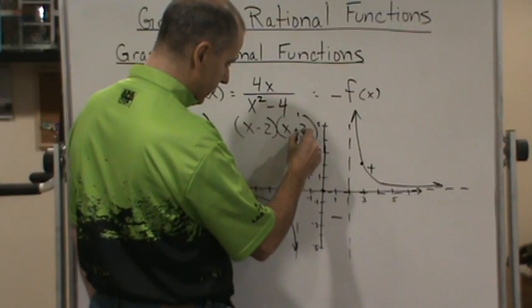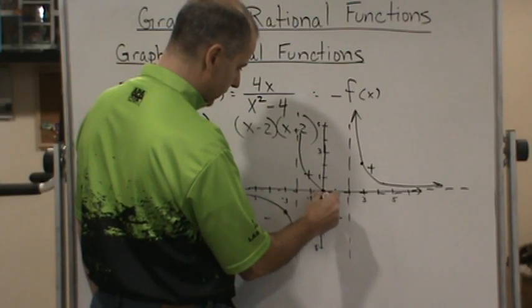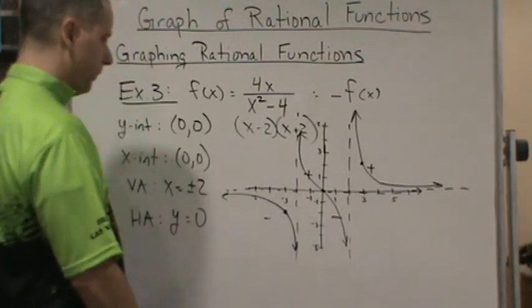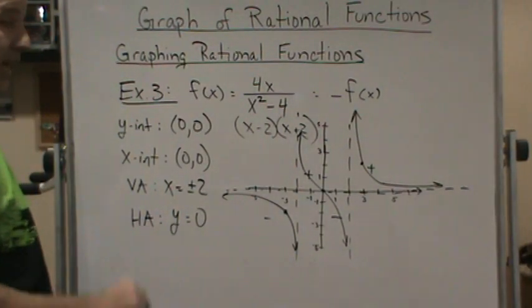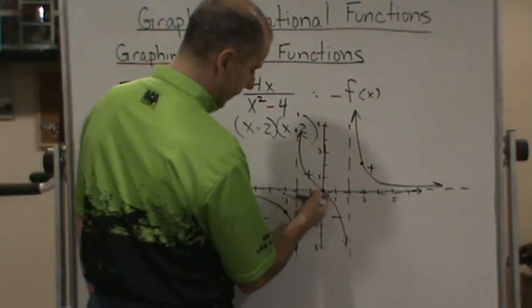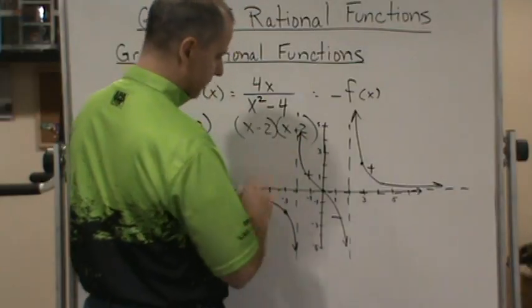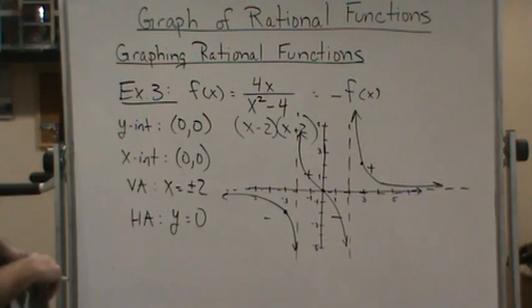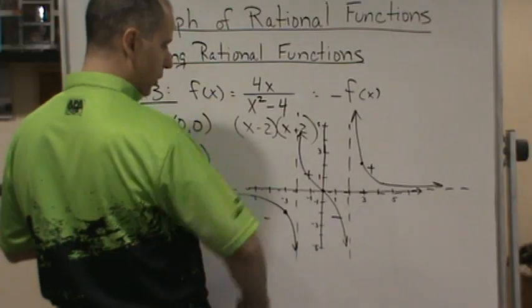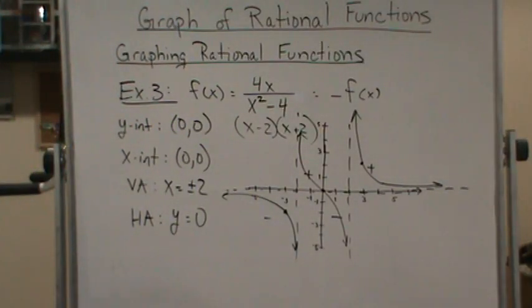So it's probably going to do something like this if I was going to guess, because it's symmetric about the origin. So it probably does something like this, because it's an odd function. So if you rotate this 180 degrees, you get the exact same graph.